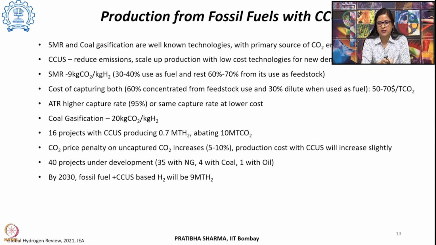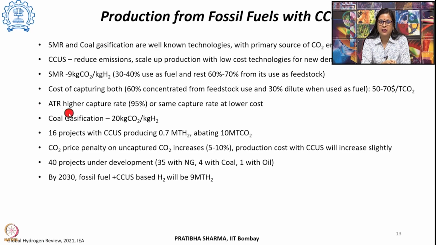So, in the product gas stream, that is more concentrated. So, if we capture both at the fuel end as well as at the product side, 90% capture is possible, and for that the cost will be $50 to $70 per ton of carbon dioxide being captured.